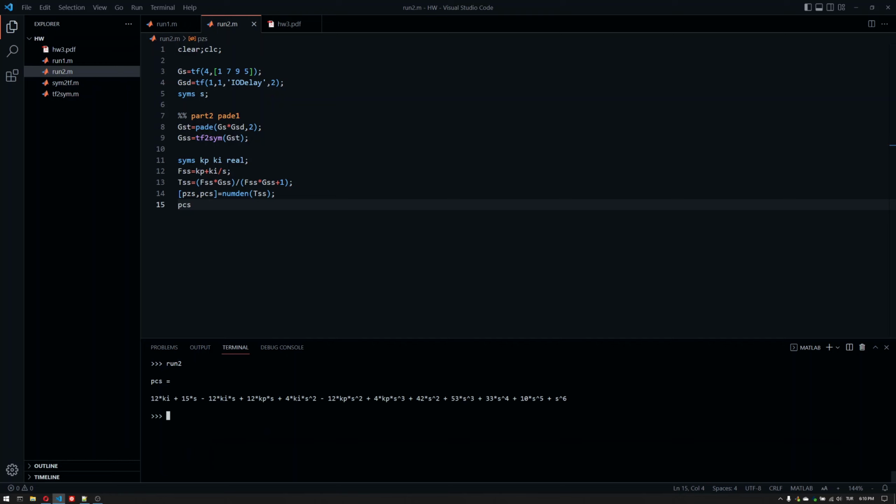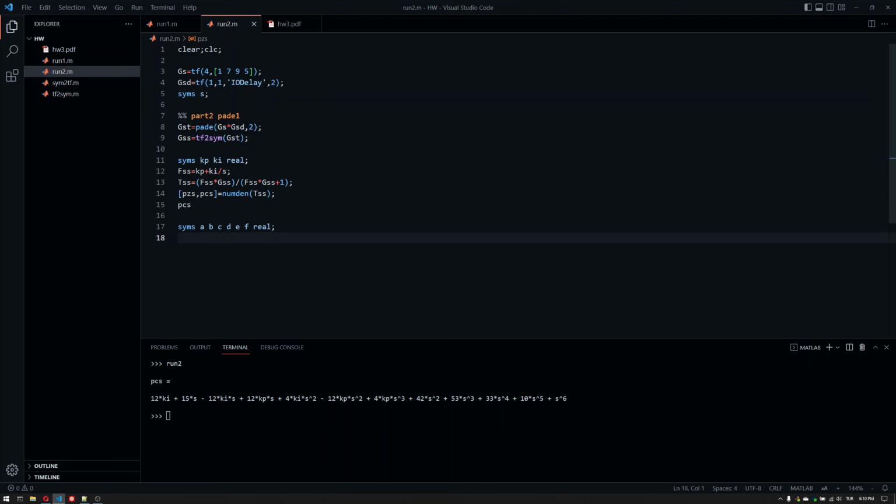So it's a sixth order closed loop. So what we need to do is basically define syms A, B, C, D, E, and F, I guess. These are the real values.